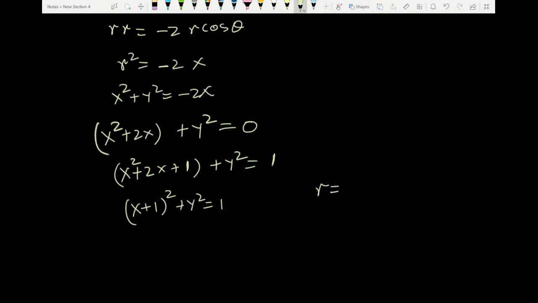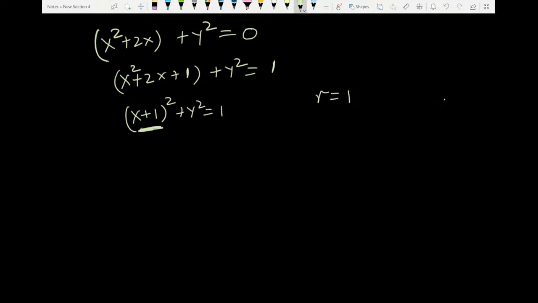So the radius is 1. This is the tricky one. Since it's inside the parentheses, it's plus 1. What it means is it's going to shift by negative 1. So it's going to go to negative 1 right over here. Radius is 1. That's your circle.